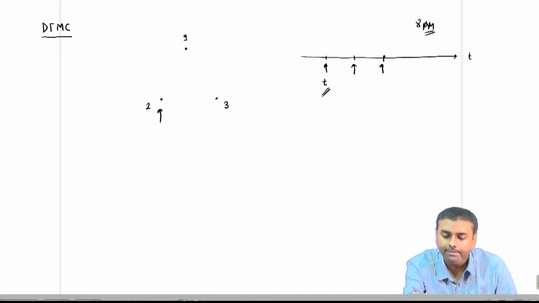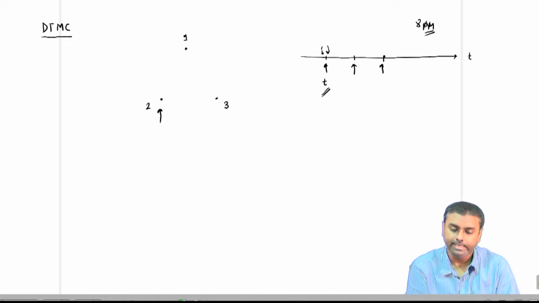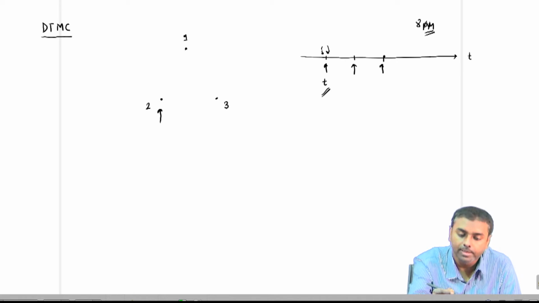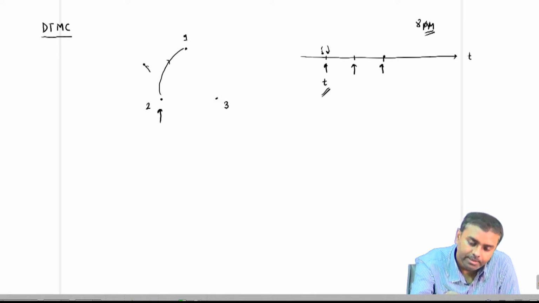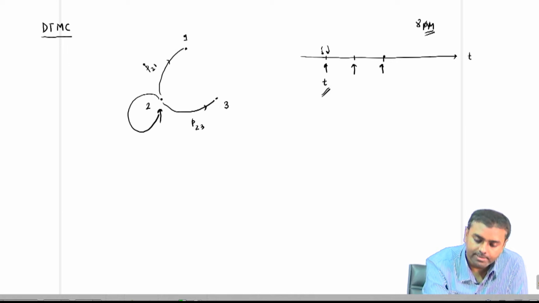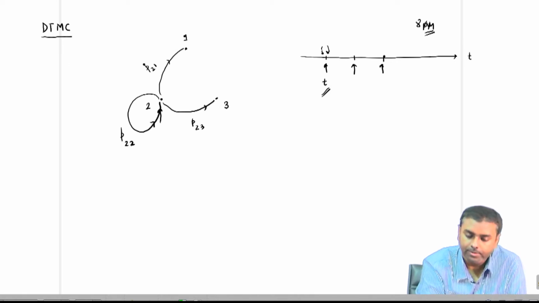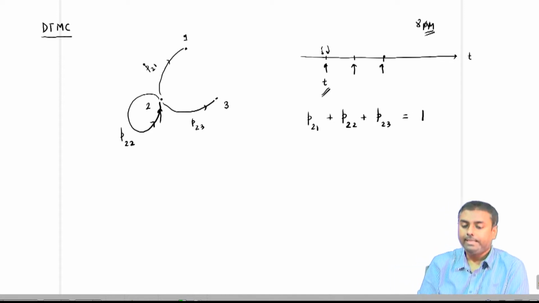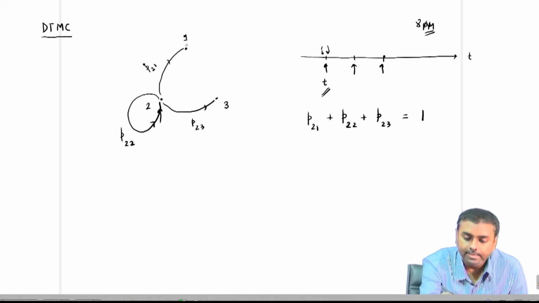There might be some transition probability P21, some transition probability P23, and some transition probability to himself, P22. But whatever happens, P21 plus P22 plus P23 must be equal to 1. This is true for every city.